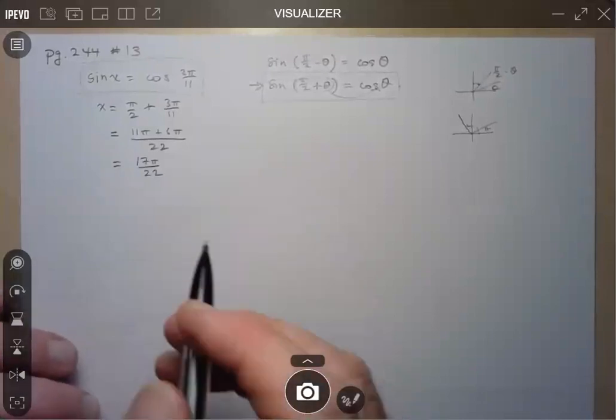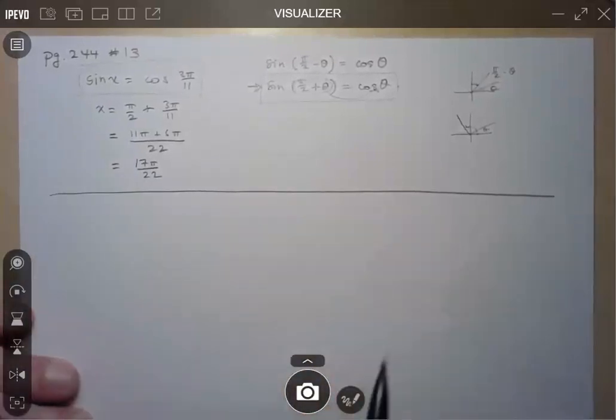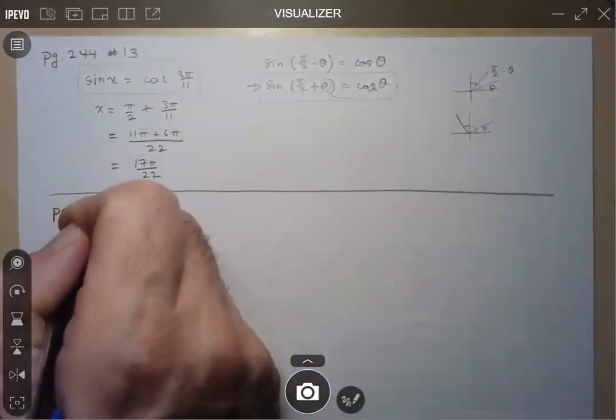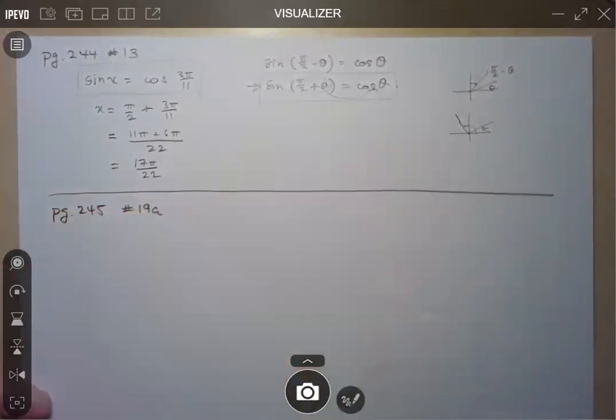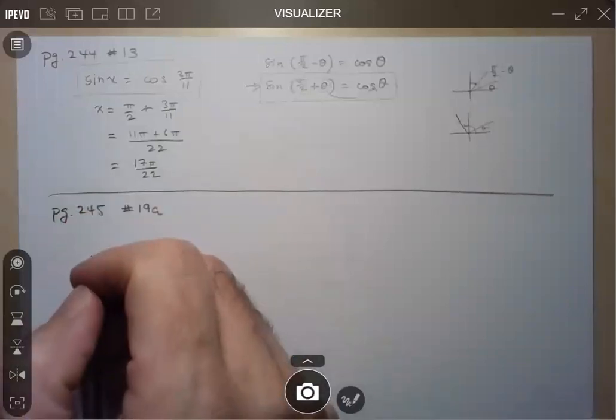So if there's no questions, let me move on to the next one in the textbook, which was 245 19A. Let's see what that is. It's an identity, so let me just write it out. It's a little long.